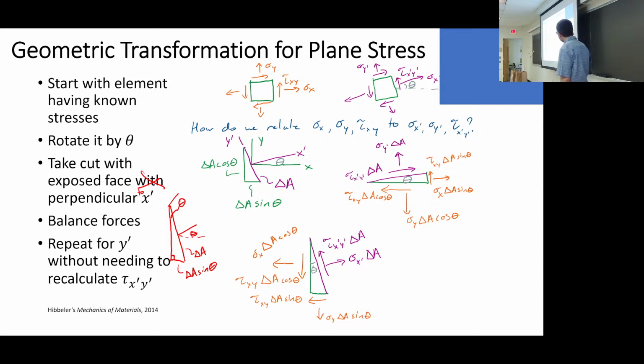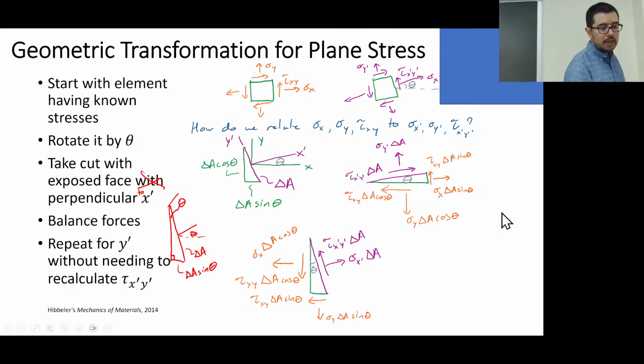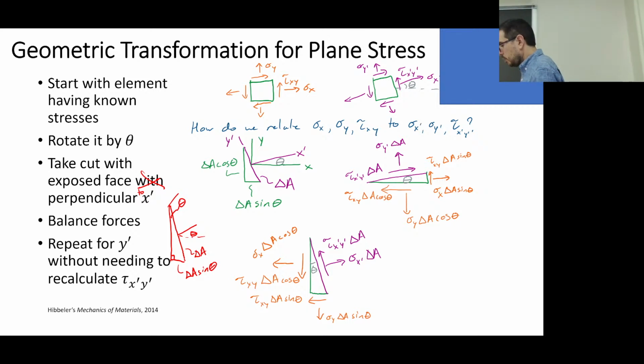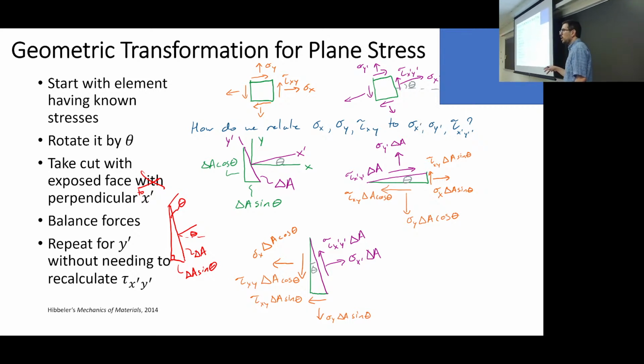But the two unknowns that we have here, at least if you're going from a state of stress of sigma x, sigma y, tau xy, to this new rotation with a theta, you're going to figure out on the bottom one what sigma x prime is and what tau x prime y prime would be. Those are the two unknowns. And then in this one on the right, the two unknowns would be tau x prime y prime and sigma y prime. Okay. So typically, unless it's asking for sigma y prime, I use the one on the bottom.